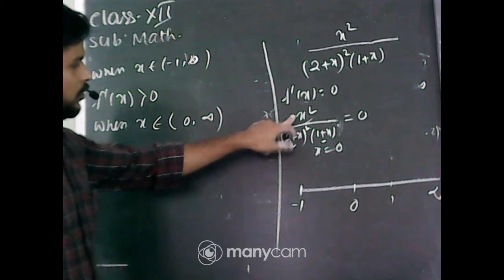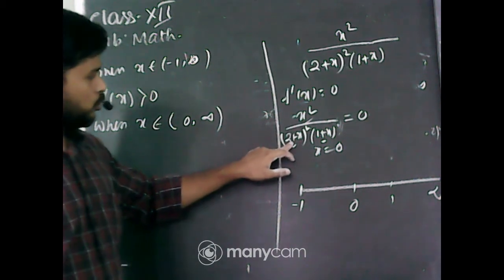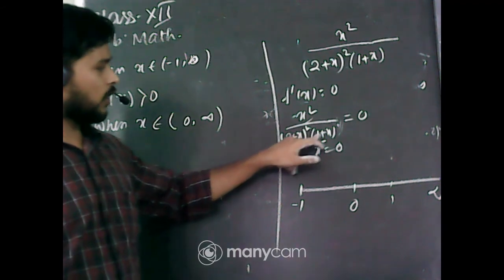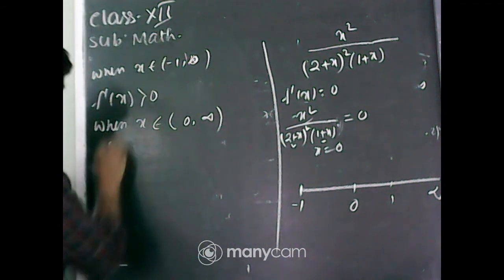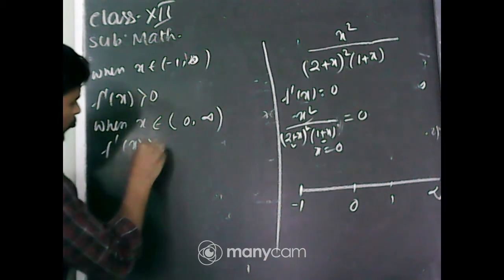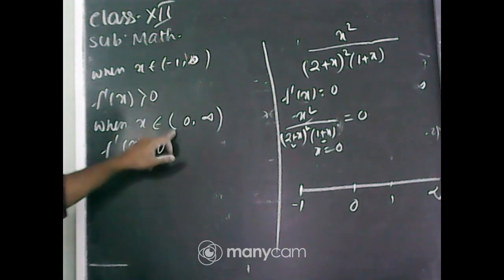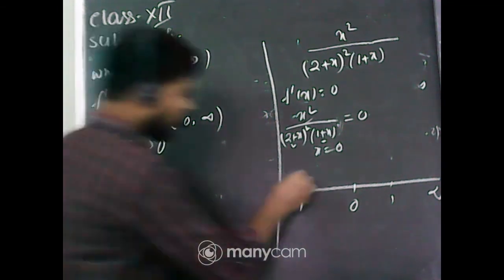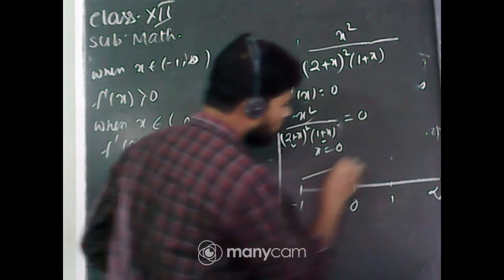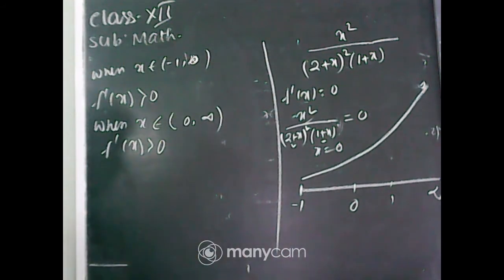If I put x equal to 1, that is 1 square by (2 plus 1) whole square into (1 plus 1), means the final result will again be positive. So f dash x is positive. So look, the function is strictly increasing on this interval and also in this interval. So we can say that the function is strictly increasing throughout its whole domain.